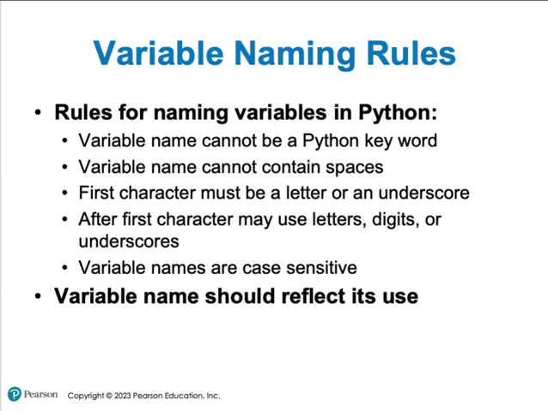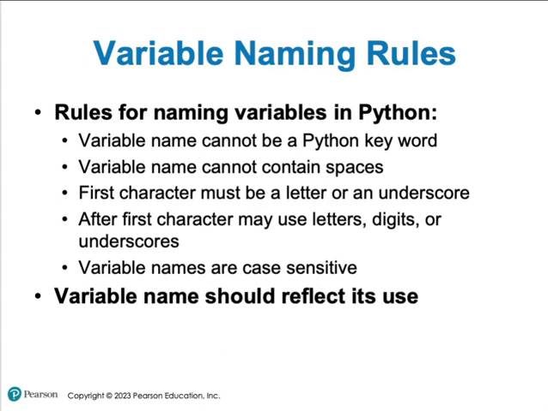You have rules for what are valid or not valid variable names. So you cannot use keywords. I think I mentioned that in chapter 1. So you cannot, for example, name a variable print because Python wouldn't know what to do with that, because print is a built-in function. The first character of your variable has to be a letter or an underscore.